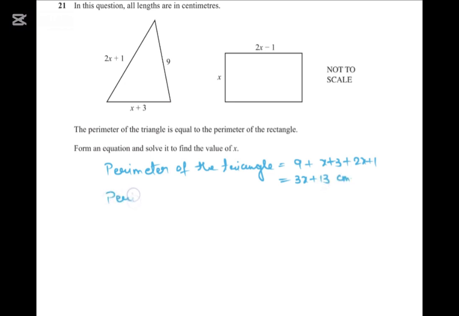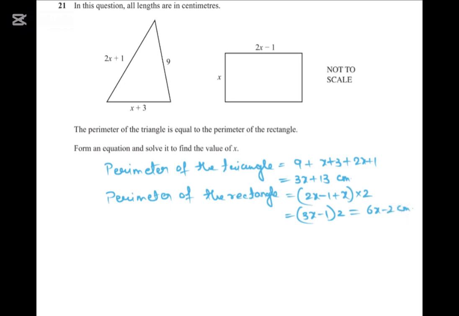The perimeter of the rectangle is length plus width, multiplied 2 times. Length is 2x minus 1, width is x, multiply this with 2. 2x plus x is 3x, and minus 1 as it is, multiplied by 2, you get 6x minus 2. This is the perimeter of the rectangle.